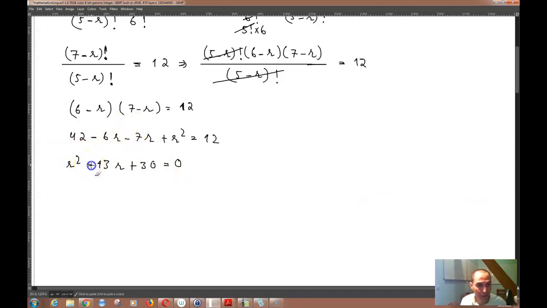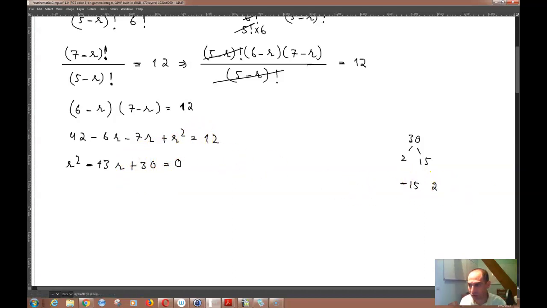So now to get the value of r, 30 is the same thing as basically 2 times 15. And that seems to be what we need here, meaning if I write negative 15 and 2, the sum of these two becomes negative 13. Basically the product of them would be negative 30, which is not right.